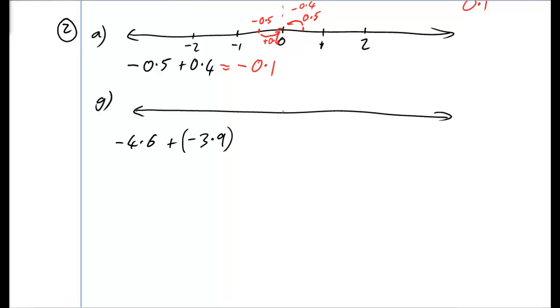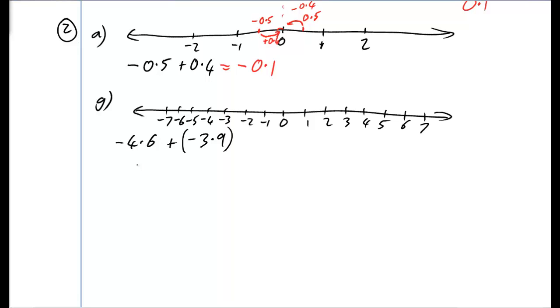Okay, so let's put this on a number line. 0 there. 1, 2, 3, 4, 5, 6, 7 on each side. Negative 1, negative 2, negative 4, negative 5, negative 6, negative 7.